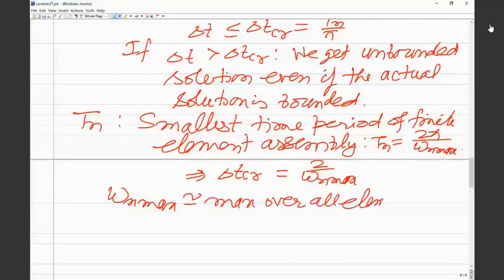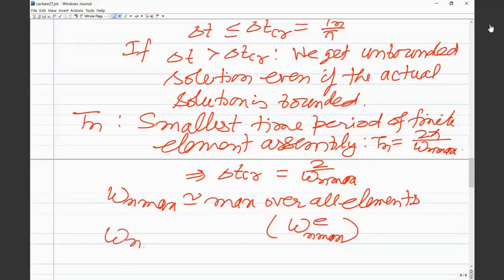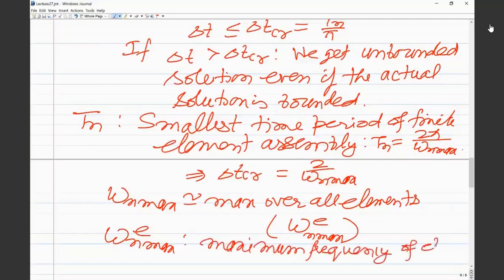For each element we find the natural frequency, and over all the elements, whichever gives the maximum, we approximate it like this. Here omega n max e is the maximum frequency of the eth element.